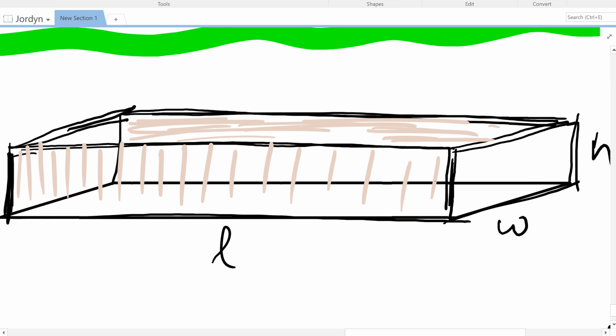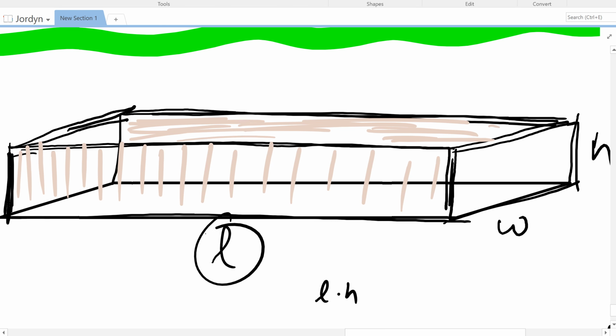What would be the area of the front wall? The area of this wall is gonna be L times height, and the same for this wall. So this box is made of 1, 2, 3, 4 walls and one bottom and one top, right?